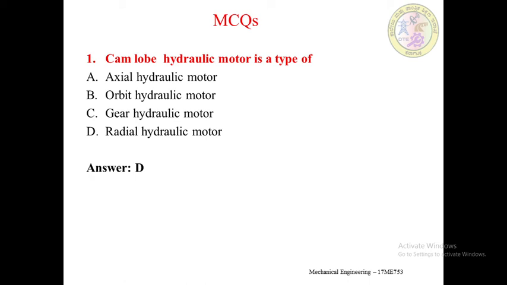Question 1: the cam lobe hydraulic motor is a type of, and the options given are axial hydraulic motor, arbitrary hydraulic motor, gear hydraulic motor, radial hydraulic motor. We know that the answer is radial hydraulic motor.